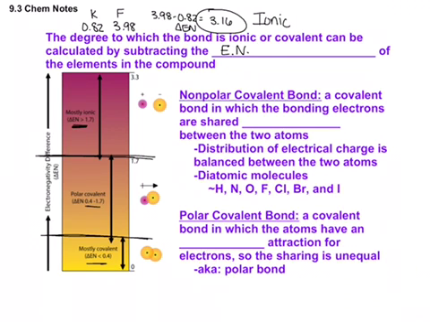And so a nonpolar covalent bond is a covalent bond in which the bonding electrons are shared equally between the two atoms. So the distribution of electrical charge is balanced between the two atoms. The molecule will look symmetrical.